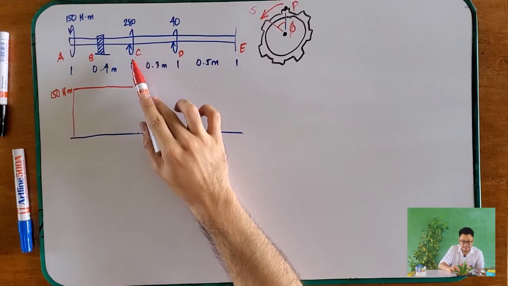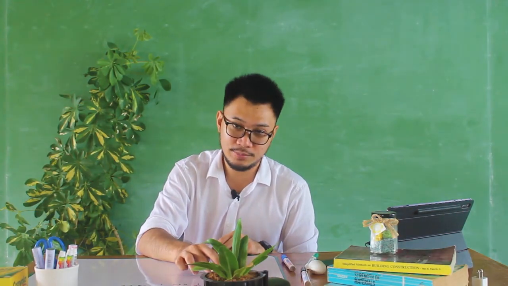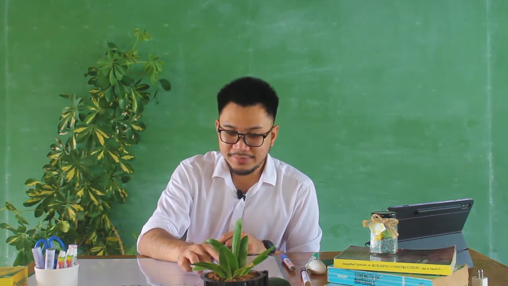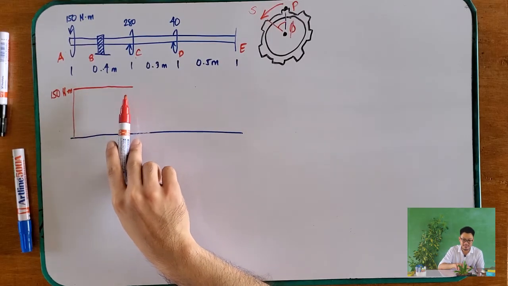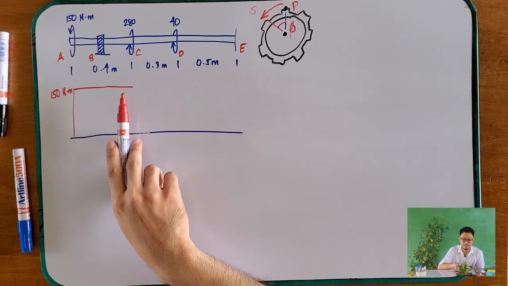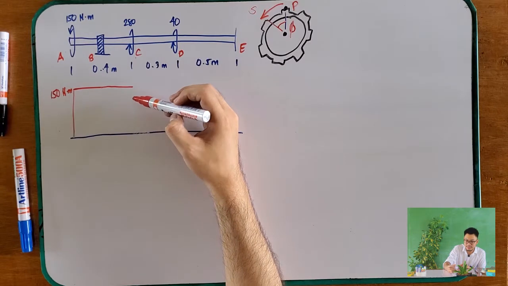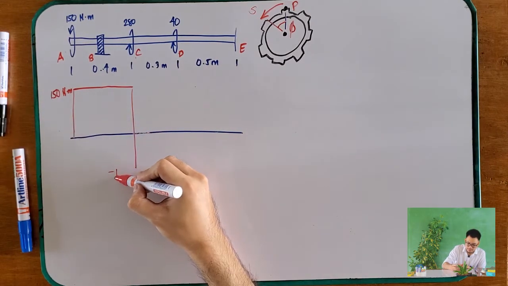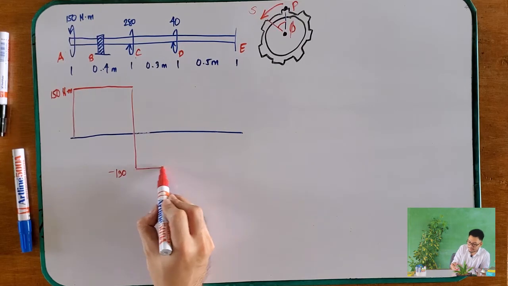Next is, diri sa atong point C. Atong point C, na siya'y clockwise direction nga torque of 280 Newton meter. So therefore, ninaog ni siya, 150 minus 280, that is negative 130. Okay? And constant na po na siya dira.